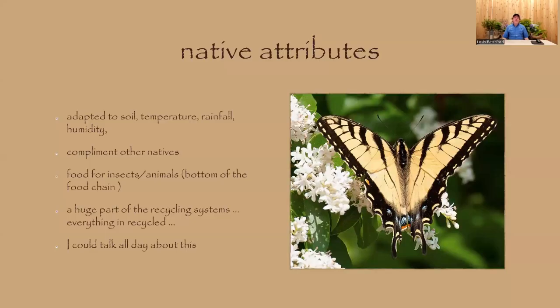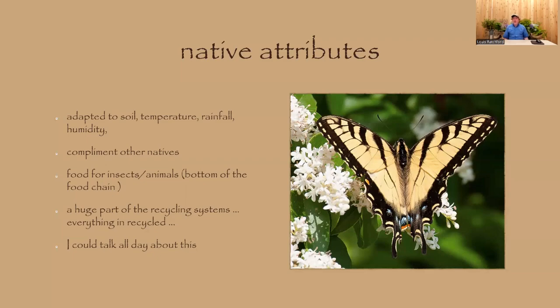Some of the native attributes that I want to talk about today: native plants are adapted to our soil, temperature, rainfall, and humidity. They lived here for 70 million years. They know how to live here. They complement other natives, and how they interact with each other, as I just mentioned, is extremely important for the native insects and animals in their area.